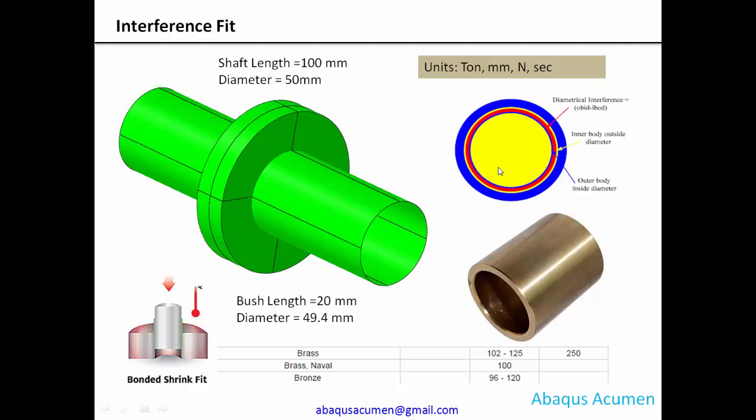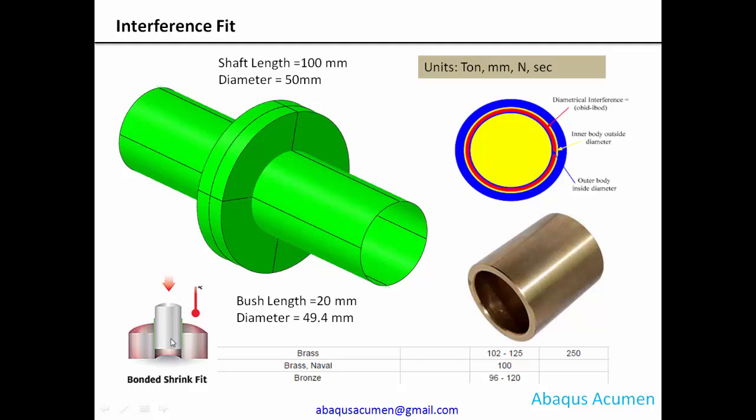There is a lot of calculation involved in a shrink fit: what should be the inner body diameter, the outer body diameter, which metal to select, how much the shrinkage fit should be, or in some shrink fits you actually apply a temperature.